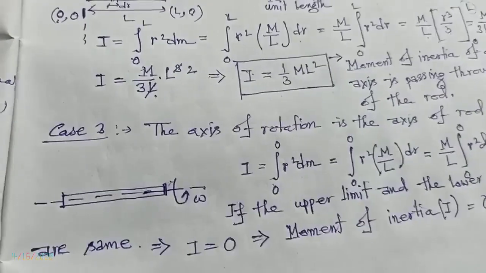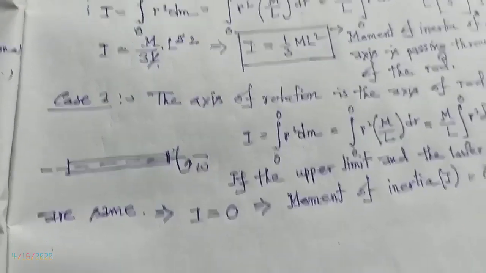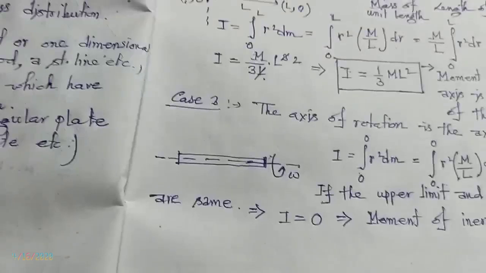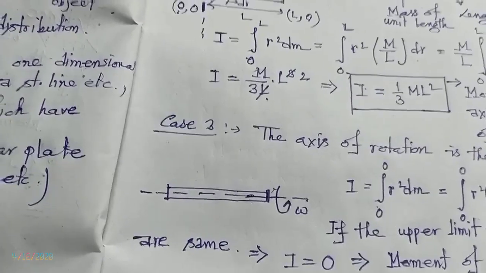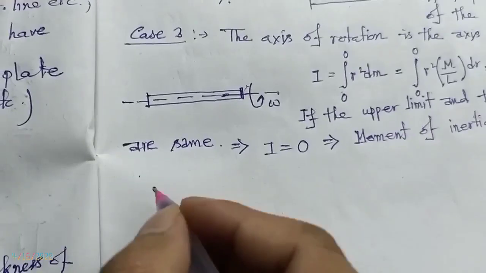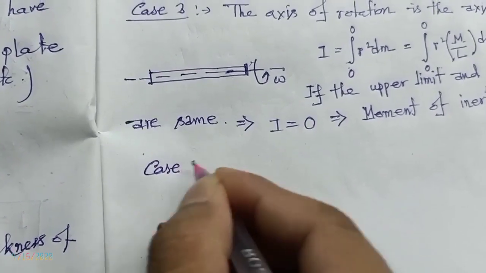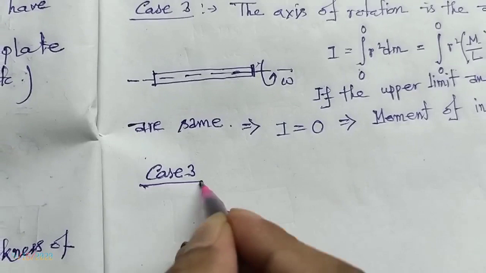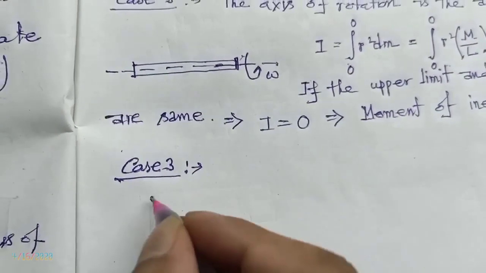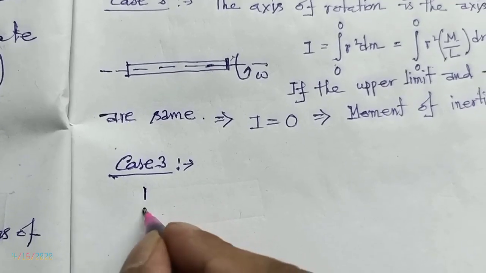Now we'll take another situation for a rod. So what will happen if there is case 3. So what will be the moment of inertia when the position of the axis of rotation is different from the above cases?